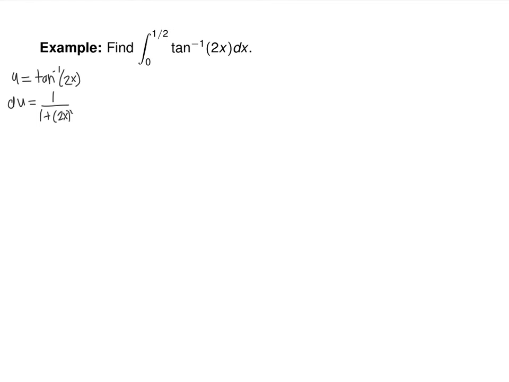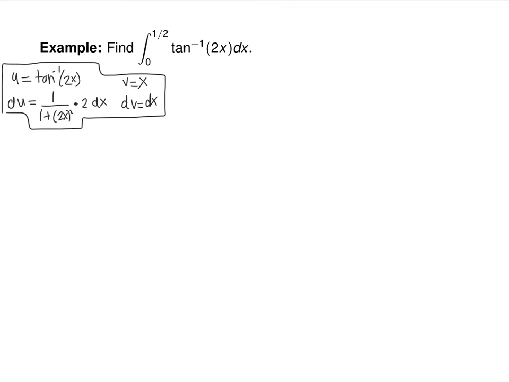And then don't forget the chain rule because there was a 2x inside your inverse tan. You've got to multiply by 2 dx. If you remember that, high five. And then dv will equal dx and v will equal x. So there's our basic setup.